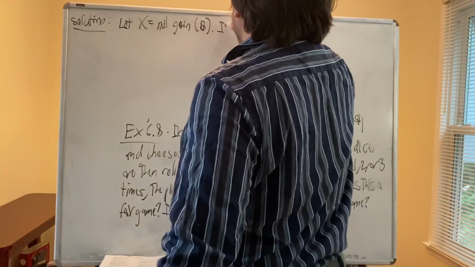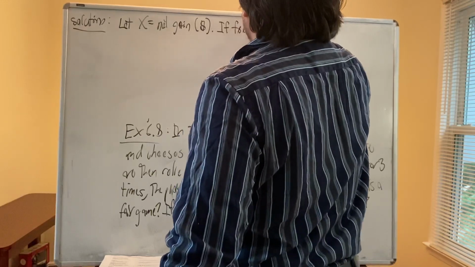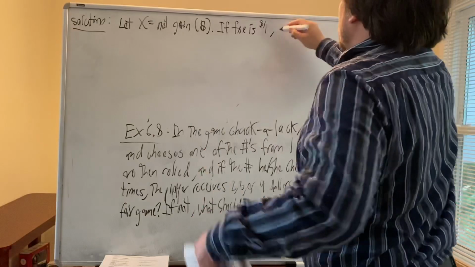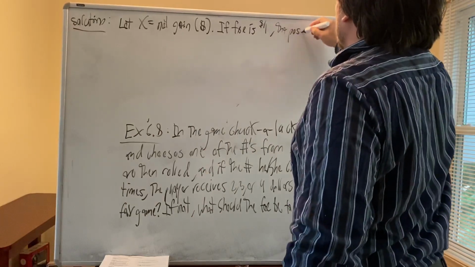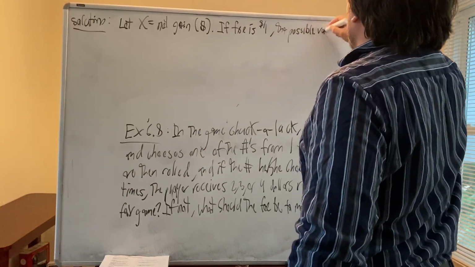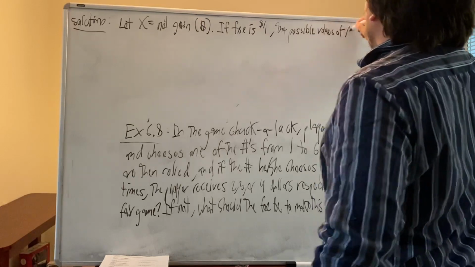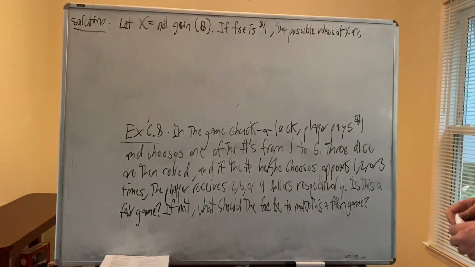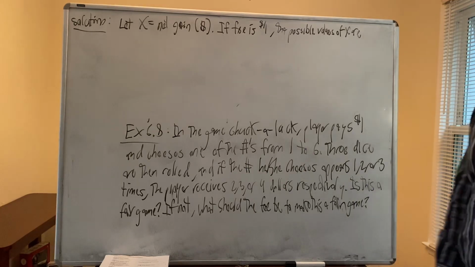If the fee is $1, the possible values of X are, so X is the net gain. And so the player can either receive $2, $3, or $4, right? Or can receive $0.